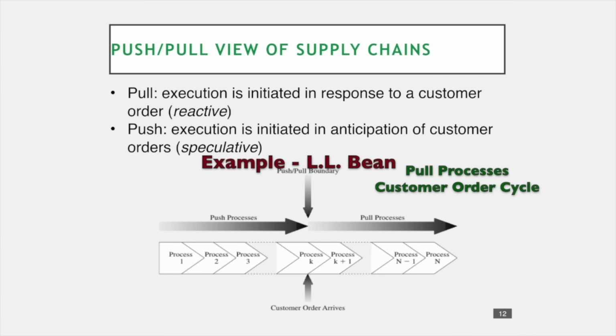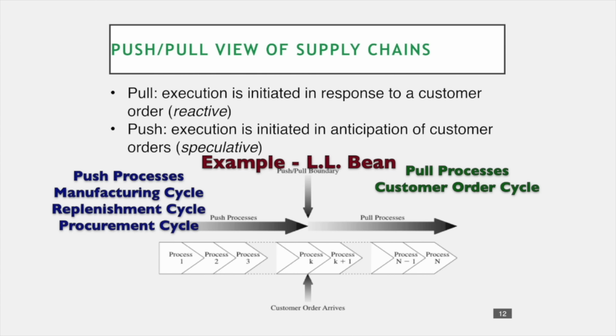And then if you look at the replenishment cycle or manufacturing cycle or procurement cycle, they operate in anticipation of demand in the customer order cycle. So because of this, they are part of the push processes. So these cycles will be to the left of the push-pull boundary, whereas the customer order cycle will be on the right side of the push-pull boundary.